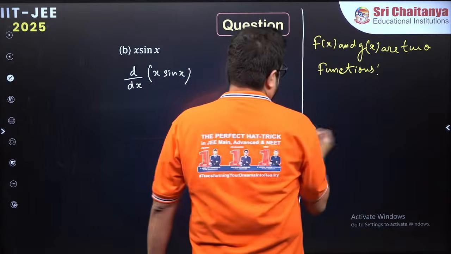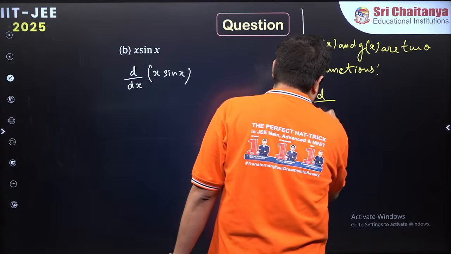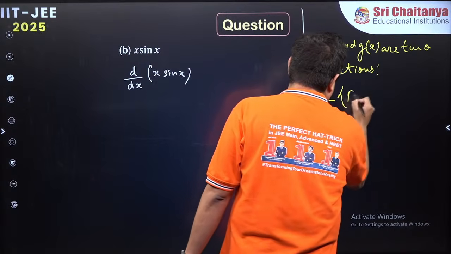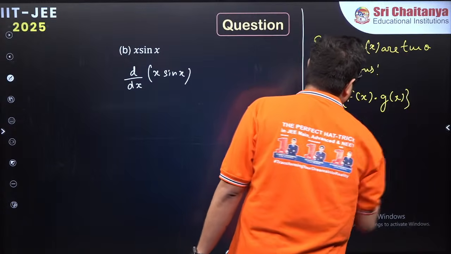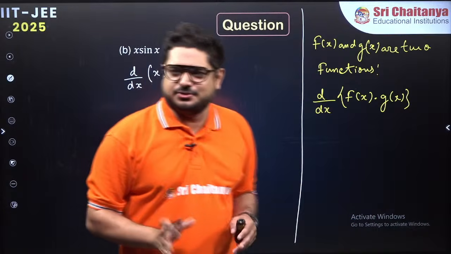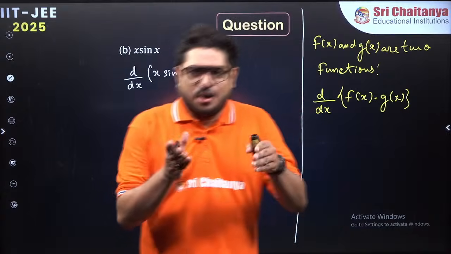So now, if I am being asked to find out d by dx of f(x) into g(x), this dot denotes multiplication. So don't get confused, isn't it? So now I can write it down.